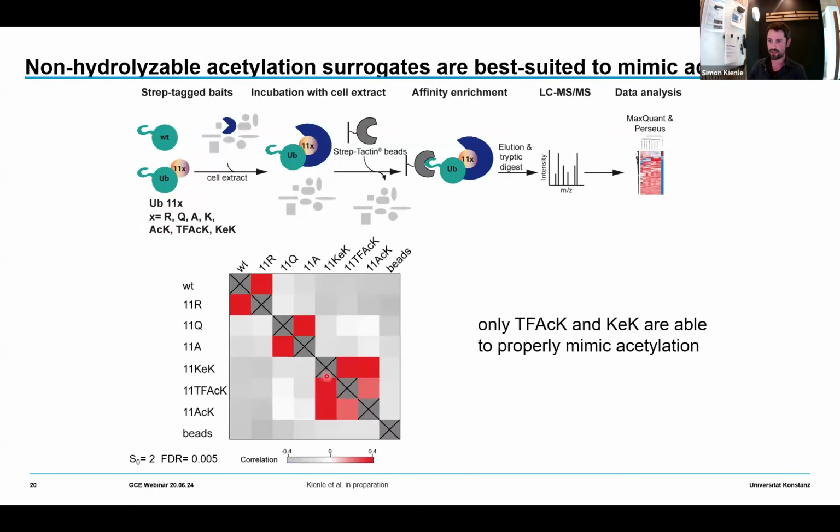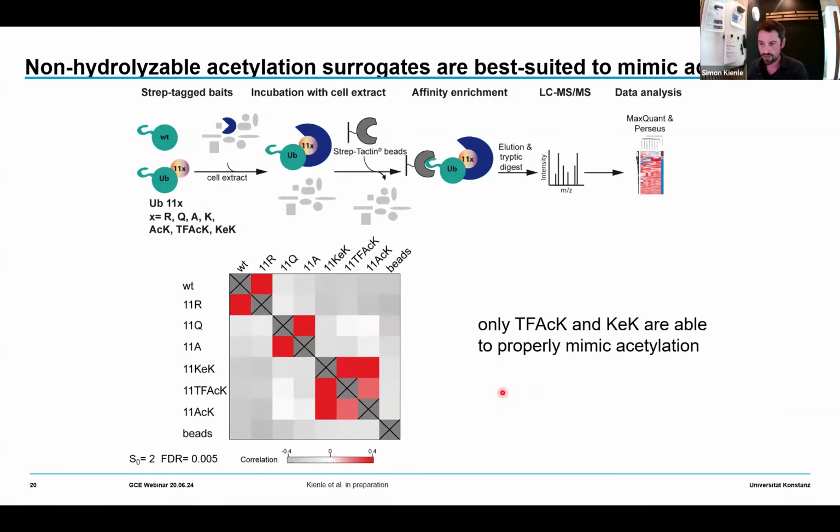And what we found is that indeed there was only a high correlation of the non-hydrolyzable analogs to acetylated ubiquitin in the binding behavior of the ubiquitin binding proteins, whereas there was only little correlation of glutamine to really acetylated ubiquitin, meaning that only trifluoroacetyllysine and ketolysine can properly mimic acetylation in this context.